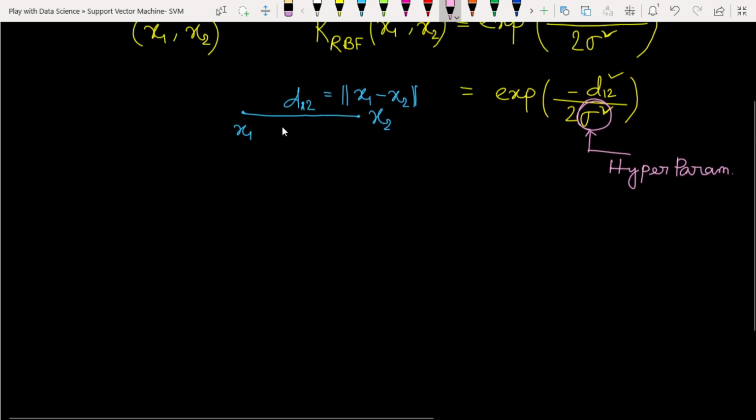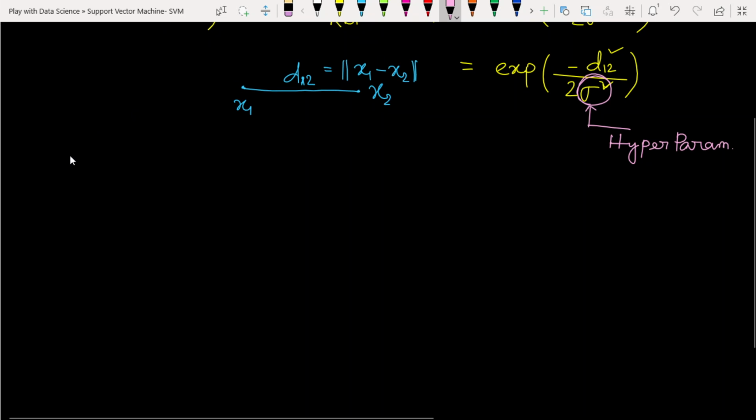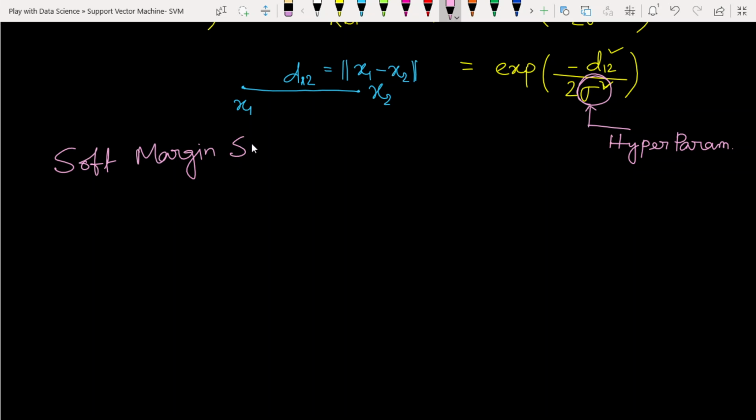I am telling this again, write this down. If we use the soft margin SVM with the RBF kernel, then we get two hyperparameters, C and sigma.